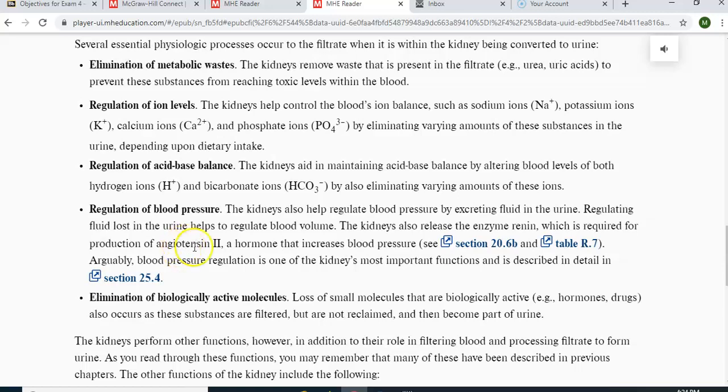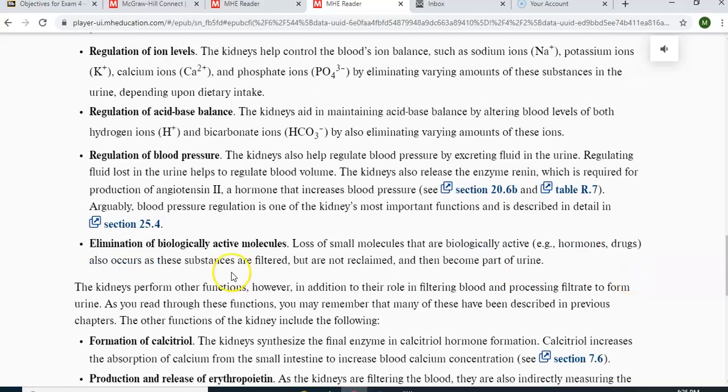So those are another role of the kidneys. It has a role in regulating blood pressure, and we'll talk a little bit more about that too. And then the elimination of just molecules in the body that aren't maybe technically waste, but they're molecules that are formed in the body and we don't need anymore.